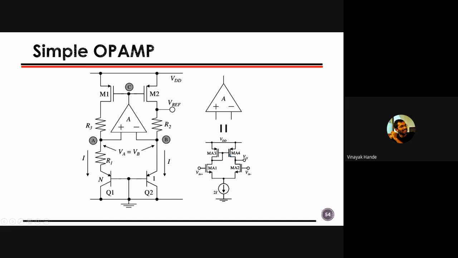Then somebody will ask the question, if it is a simple differential amplifier, how is the loop gain getting satisfied, right? The point is that it is not a single stage amplifier as you think of, because this M2 and R and all these branches are also contributing to the gain, right? So even if the operational amplifier is single stage, the whole loop gain will be two stage.